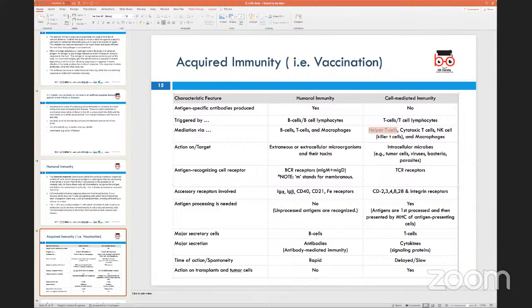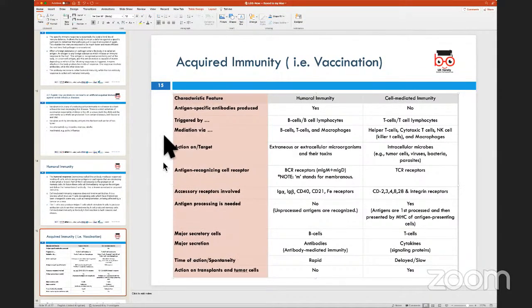But what we want to look at and remember is that vaccinations allow the human body to get what is called acquired immunity. Acquired immunity can be of 2 different types: humoral immunity and cell-mediated immunity, and they can be compared on different parameters in terms of how they act within the body and how they would essentially be fighting the pathogen and stopping the spread of infection within the human body.